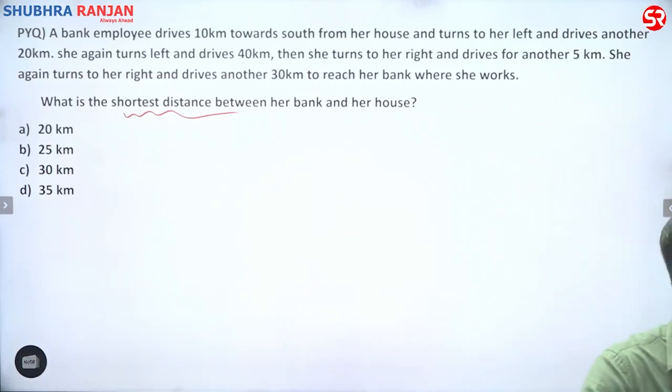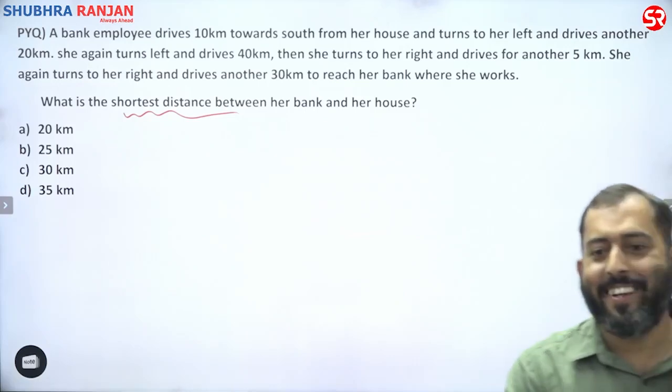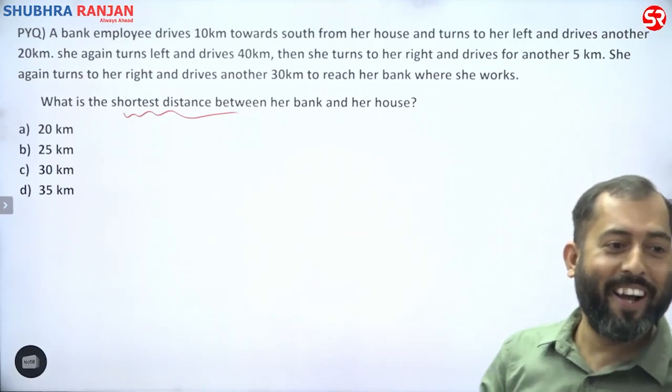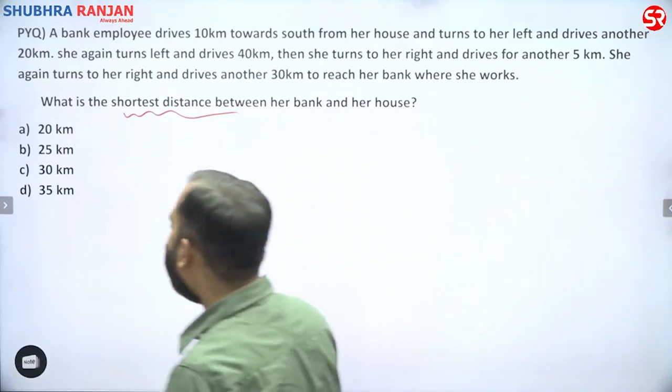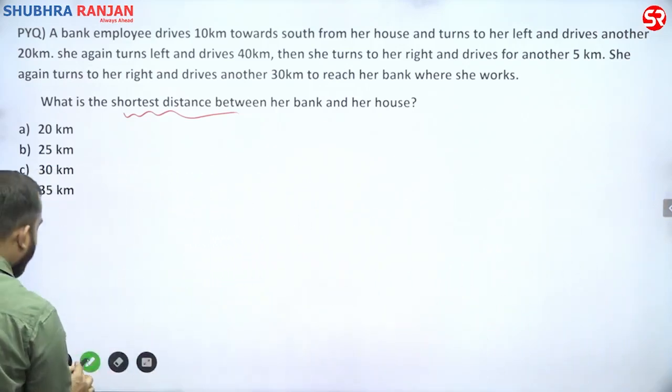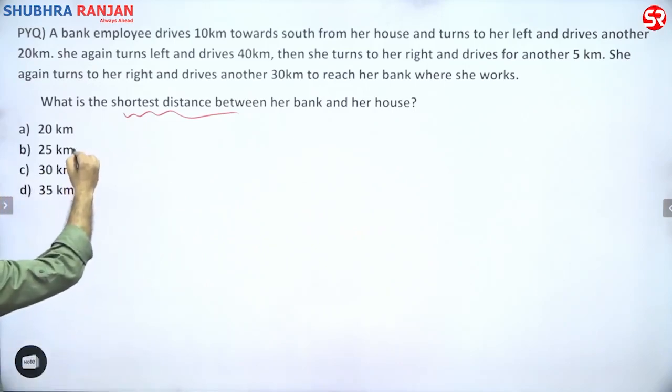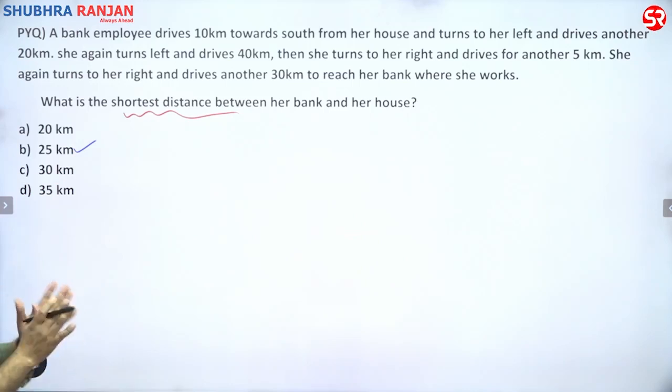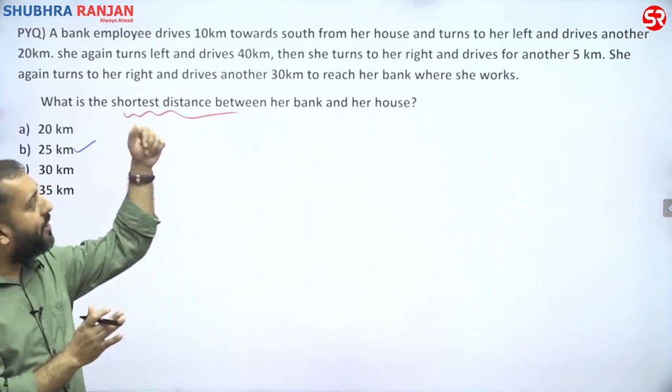Do remember, guys, hypotenuse will not be the shortest distance always. It might be possible that... yeah, answer is 25. See, guys, again it's a good question. Let's solve this.